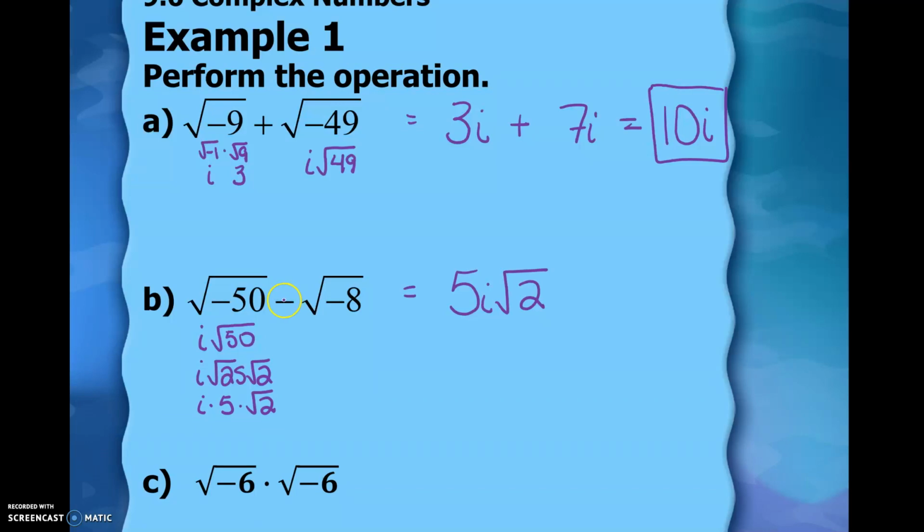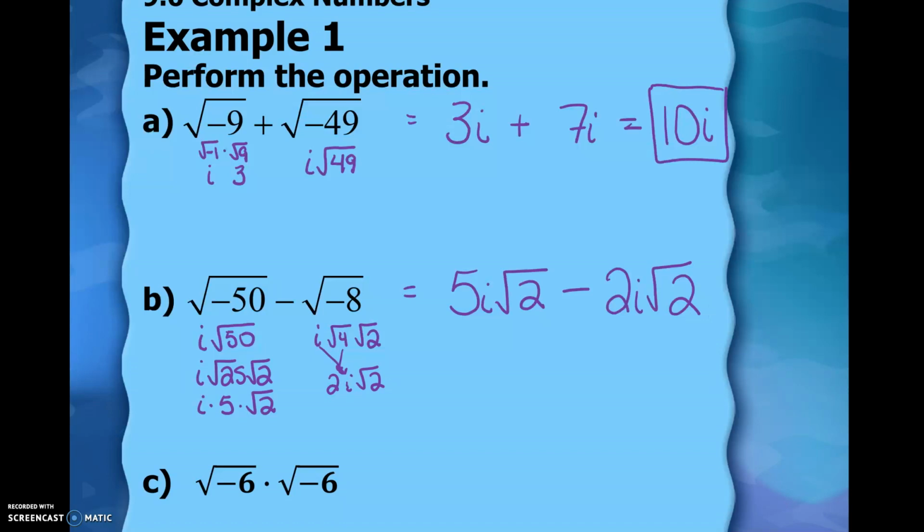All right, then this problem says minus. And now let's do the same thing with the square root of -8. We've got I. How can we split up the square root of 8? Square root of 4, square root of 2. So the square root of 4 is 2. We've got the I. And we've got a square root of 2. So minus 2I square root of 2.